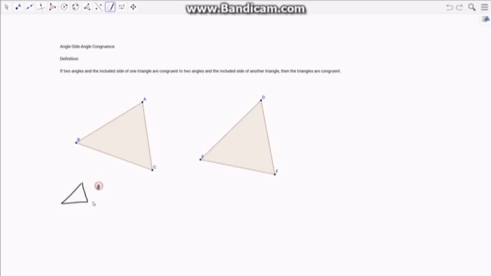This is triangle ABC, and this is triangle DEF. I'm sorry for my triangle, but it is actually triangle DEF.